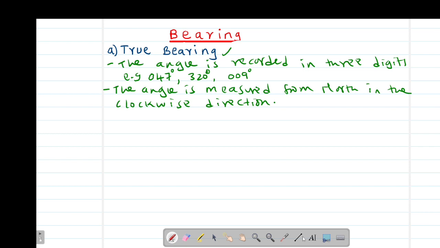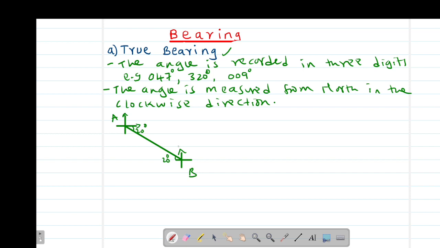Maybe we can look at some examples. For example, if I have this particular point A here, then I have another point B, maybe at this particular point here, then of course these two are connected. Suppose this angle is 20 degrees, then of course this one will also be 20 degrees because remember this one is usually parallel to this.